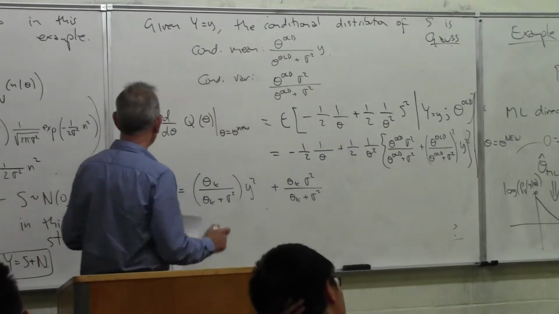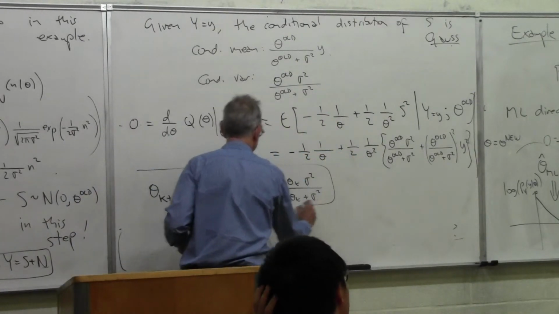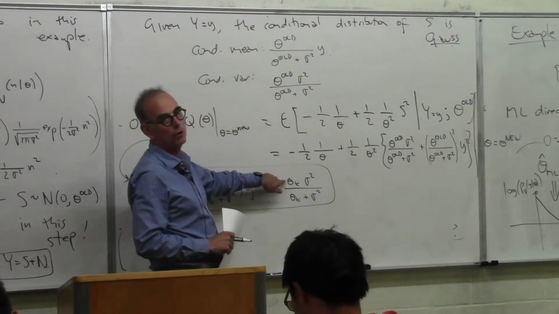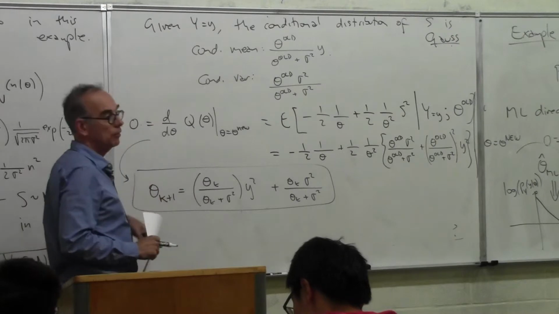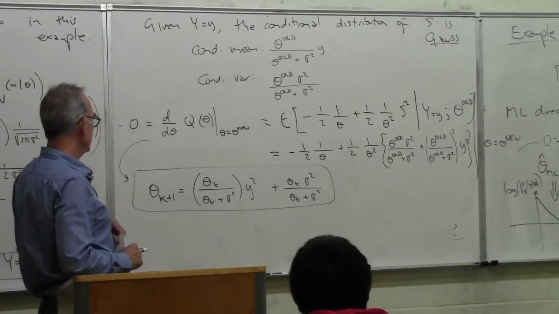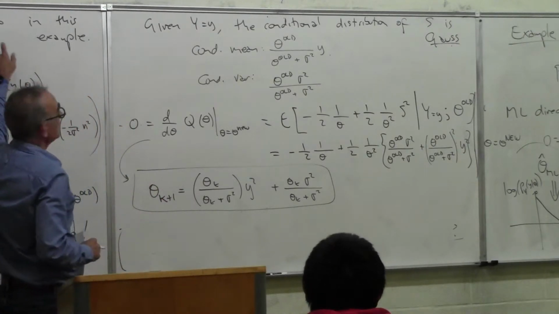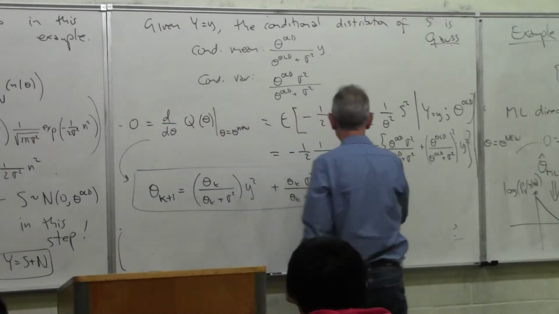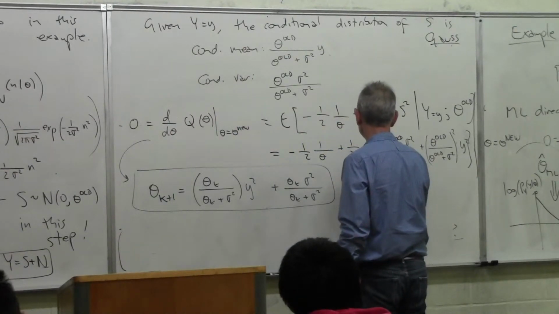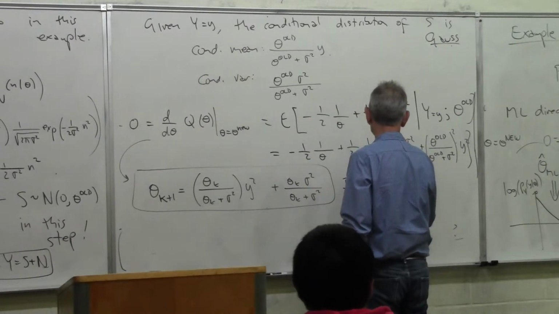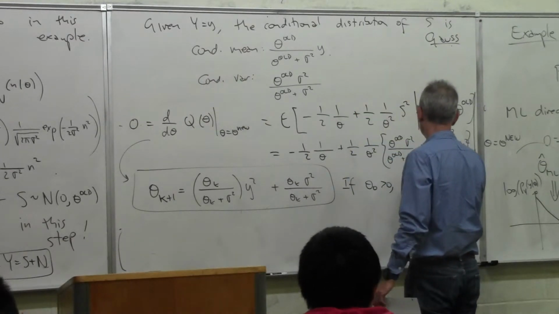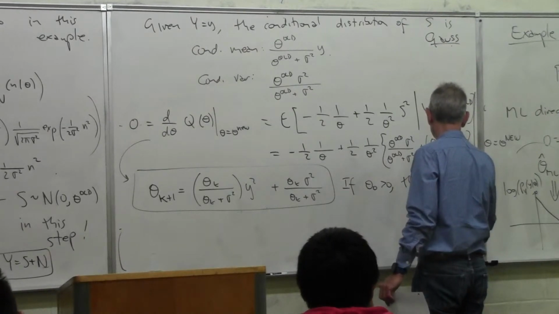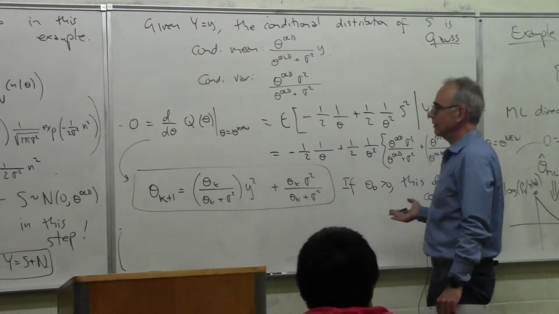All right, so that's actually the recursion. Basically, theta k was my old, and theta k plus 1 is my new. And does this converge? I claimed it does, and yes, it does. So it turns out that provided you initialize it with theta 0 positive, which isn't obvious, this converges.